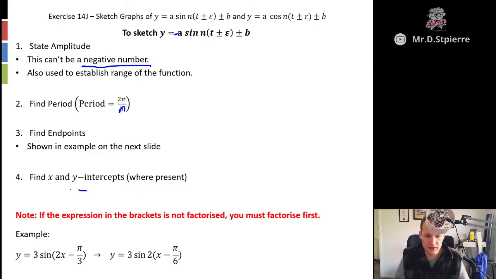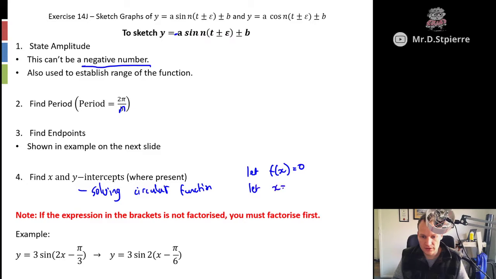So this is step 4, as Mr. Schaffner was showing in class, that is effectively solving circular functions, by either letting f of x equals 0, that's finding your x-intercept, or let x equals 0 to find your y-intercept.